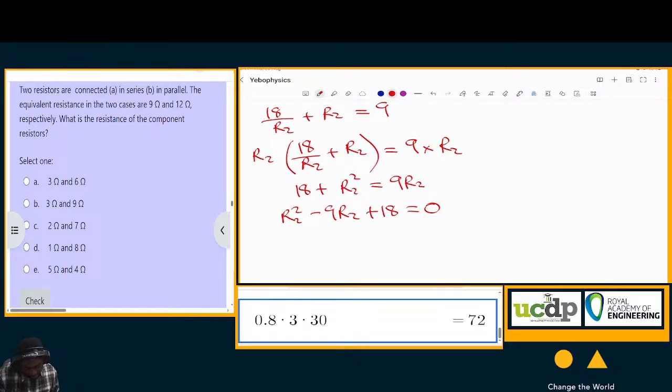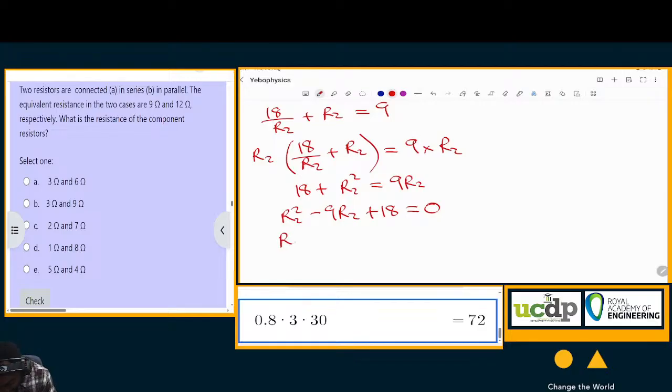Depending on how you prefer to work it out, you can find two factors that add to give you negative 9, which multiply to give you 18.